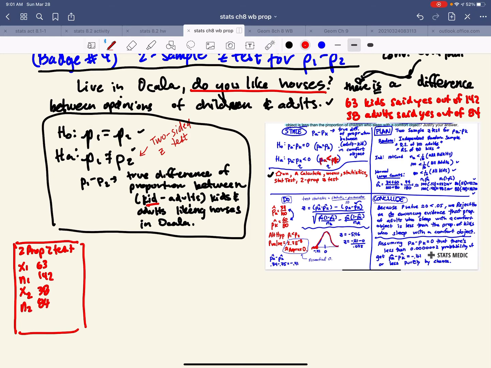And we have a sneaky suspicion they're different, so we'll keep the not equal to sign. Nice. Ooh, we have a really big p-value. That tells us that our evidence is showing that there is not much of a difference here.